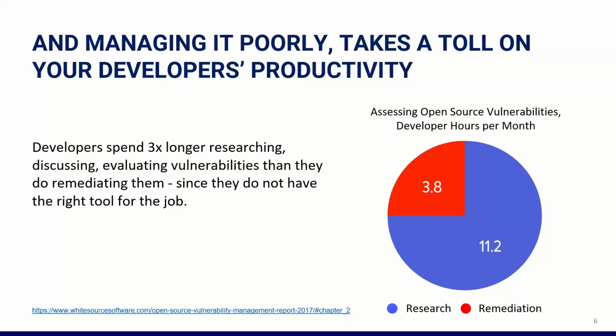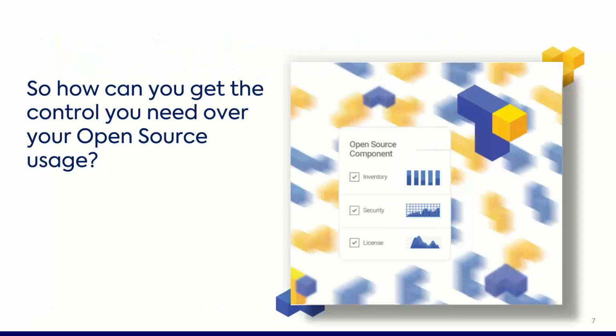If developers invest something like 10 hours in just researching, it's really a waste of time, both expensive because developers' time is expensive, since they could have used it to develop new features, but also because we are running against the clock. We want to make sure that we're not exploited in the small window that we have to patch and fix the vulnerability. So we do have a shorter time to react.